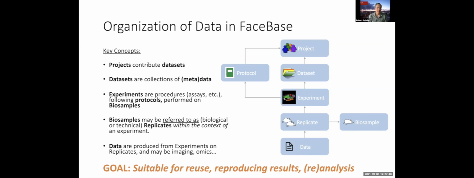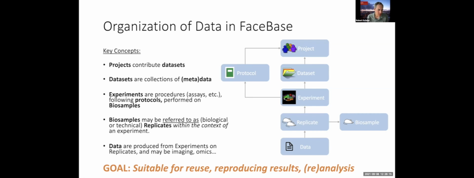And then the data, again, I mentioned there's imaging data, omics data, other forms of data, are then associated with a specific replicate of a specific experiment that has a protocol. So you can get a sense quickly of where the data come from, what's the context of it, what it was taken from, and all of that drives the search and navigation within FaceSpace.